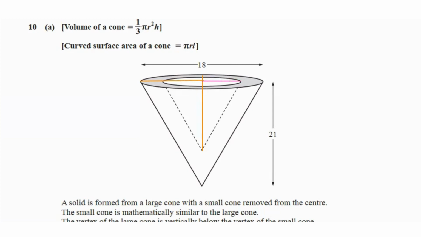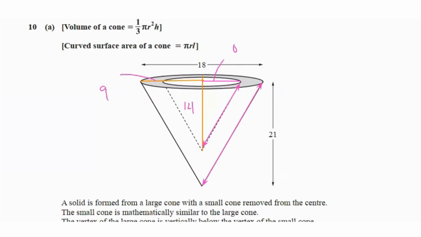So we know this is 6, this is 9, this is 14. So we have to find the slant lengths of both the cones, the internal and the external one. So slant length is going to be this one and this one.